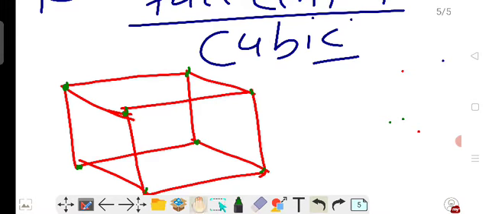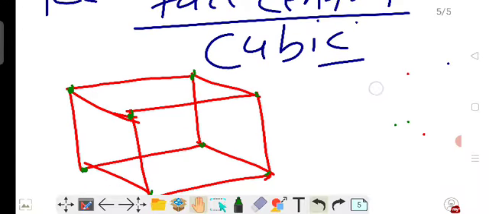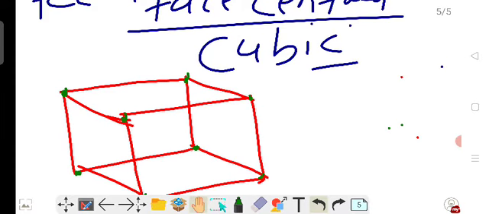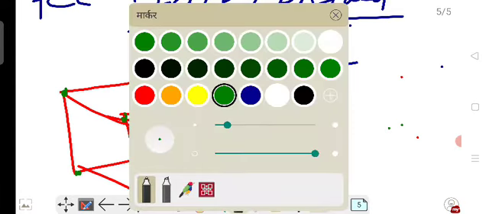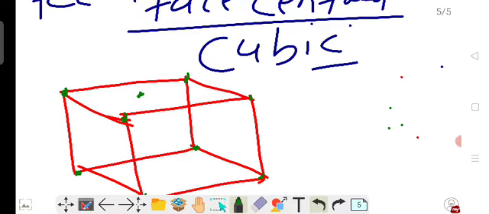And due to its name of face centered, there are how many faces? There are six faces, and at the center of each face there is one additional lattice point.